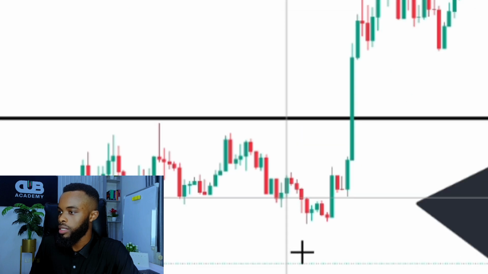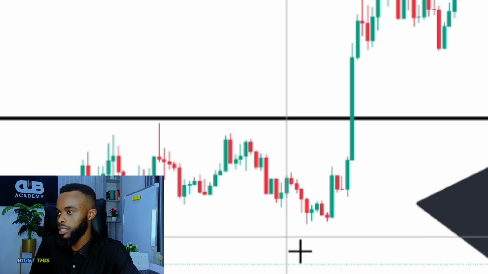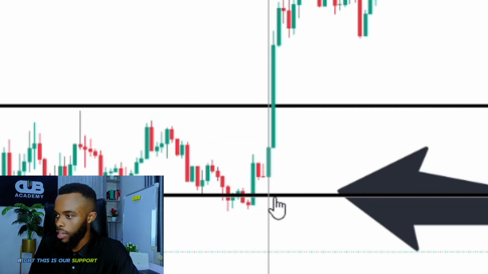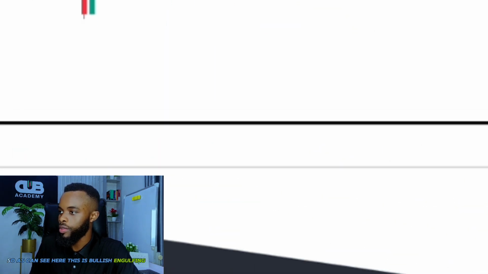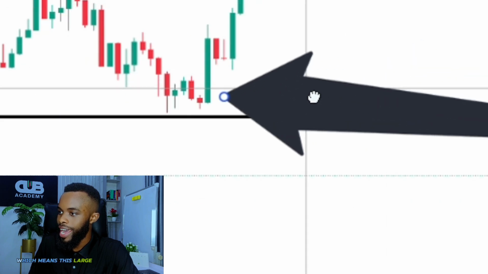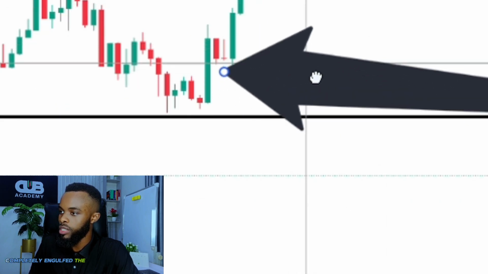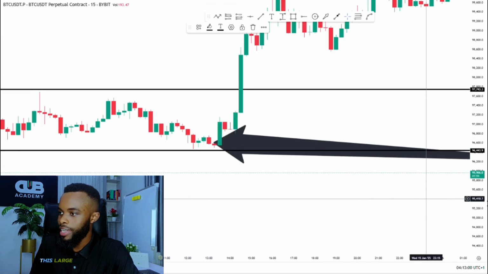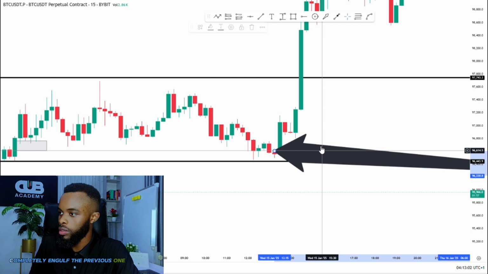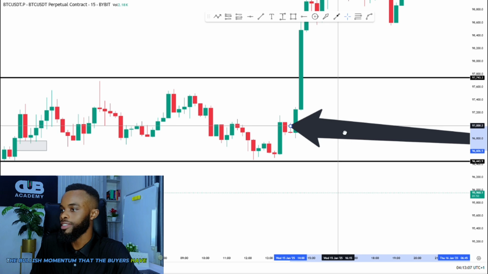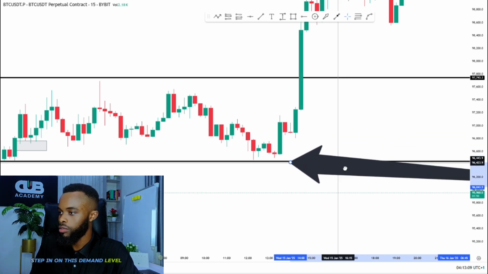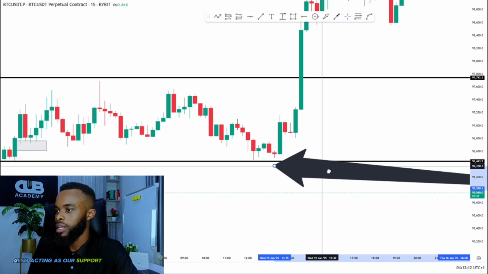This is our support level. As you can see, this is a bullish engulfing, which means this large green candle completely engulfed the previous one, giving us the bullish momentum that buyers have stepped in on this demand level, also acting as our support level.